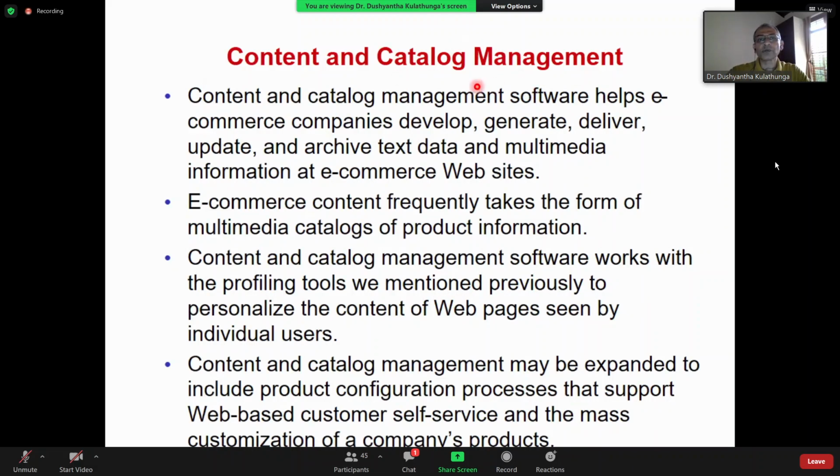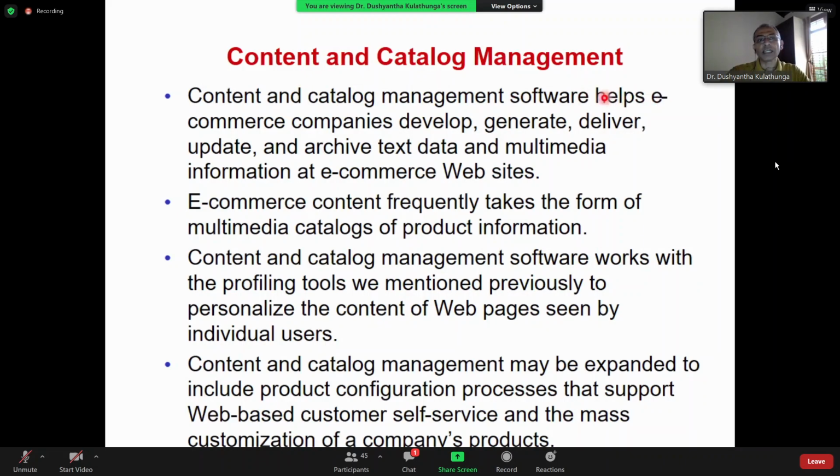The next process component is content and catalog management. In the earlier figure, I think figure 9.5, these two were highlighted as two separate components, but here the description is done for those two processes together.